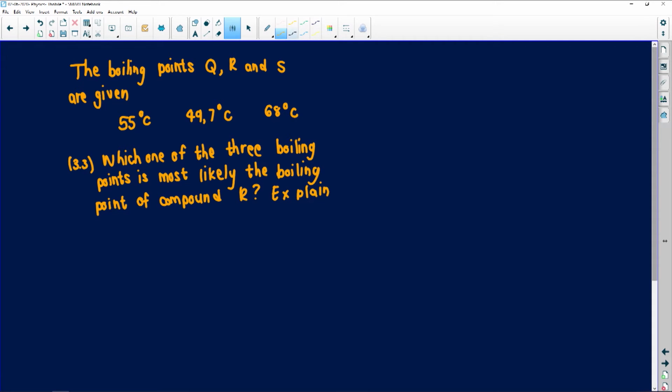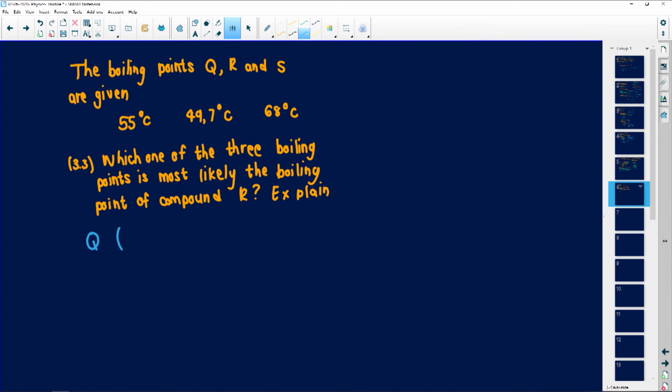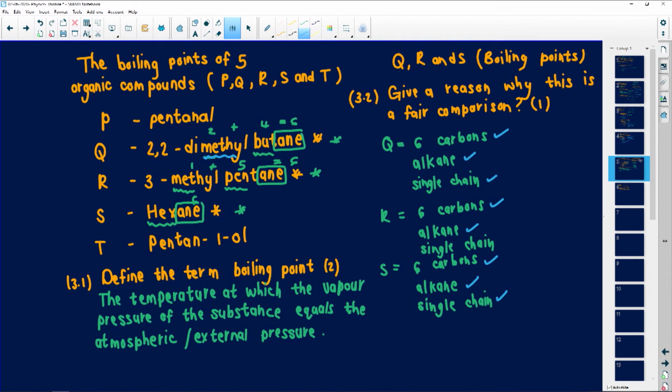Okay, I'm going to break it down for us like this. Let's look at all of them. Let's start with Q. I'm using this table here, my darlings, and I'm going to write how many side chains and how many long chains each of them has.